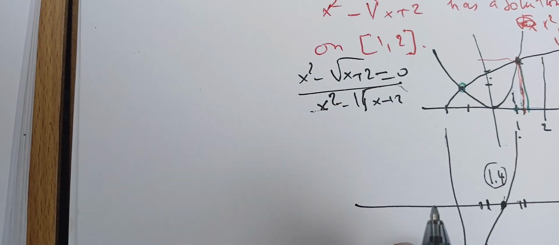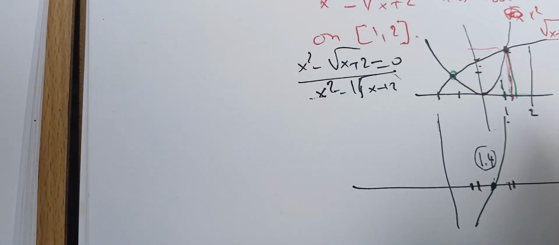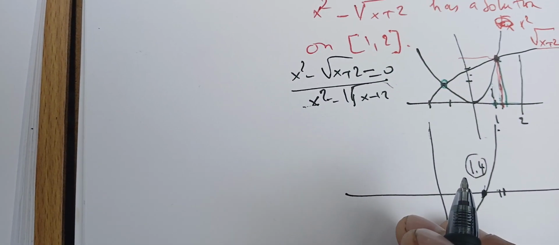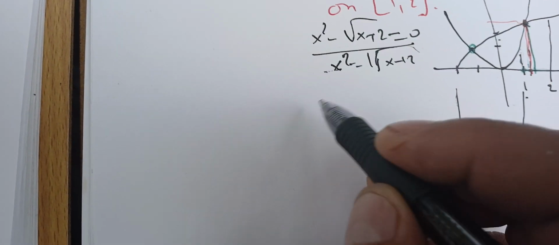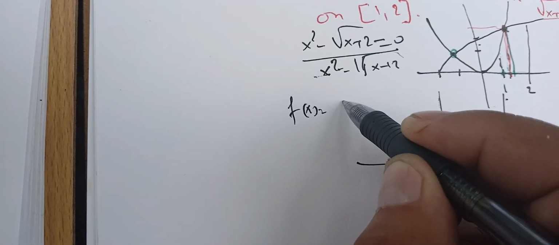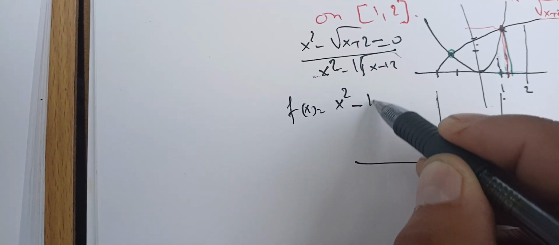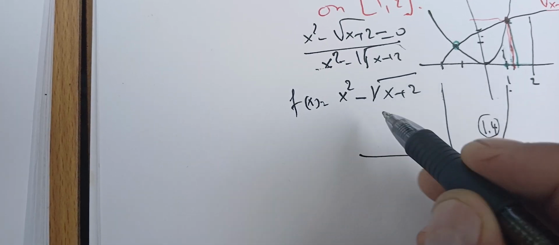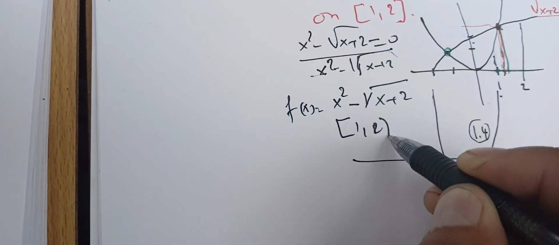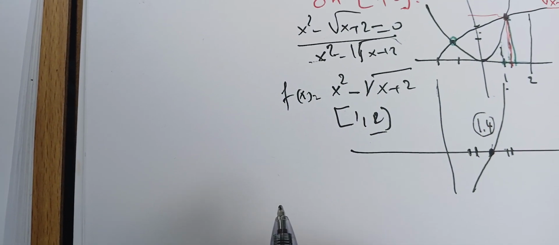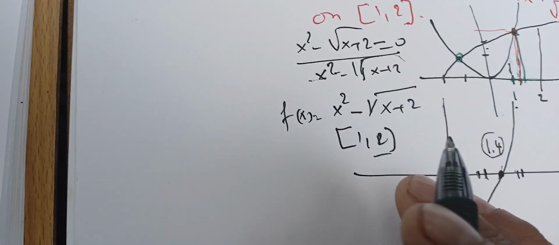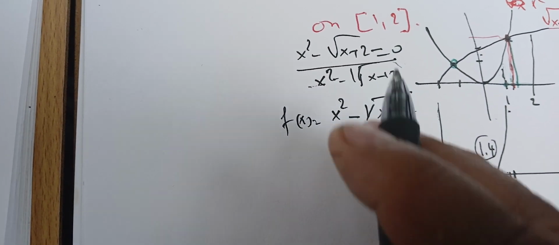To prove it without any graph or calculators, we just assume that we have a function f of x defined by x squared minus square root of x plus 2, and that's defined on [1, 2]. We're going to use the intermediate value theorem. That's one key.